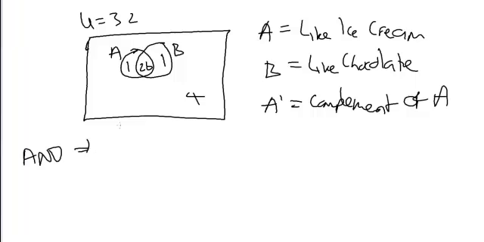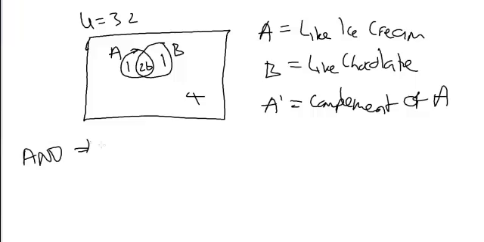When it comes to probability, when we say A and B, people who like ice cream and chocolate, that means the 26 people. But otherwise it's vague. If I say people who like ice cream and chocolate, that could also mean the set of people who like ice cream and the people who like chocolate. So that could also have meant 28 people.